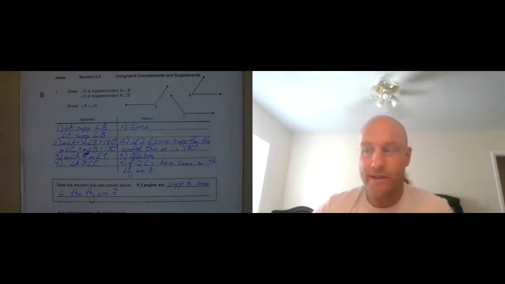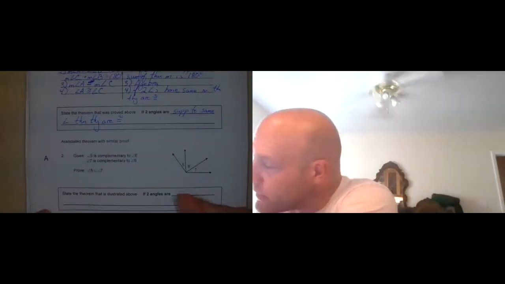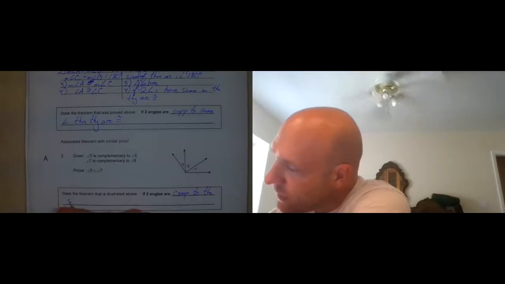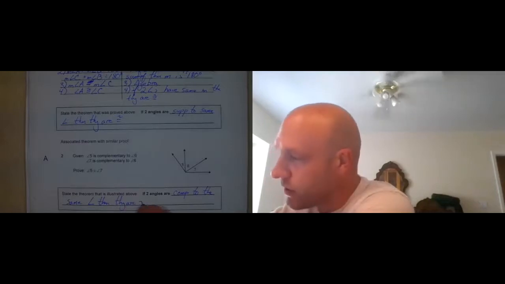Well, what did we learn about yesterday? Supplements and complements. Oh, hey, how about following this and getting if two angles are complementary to the same angle, then they are congruent.